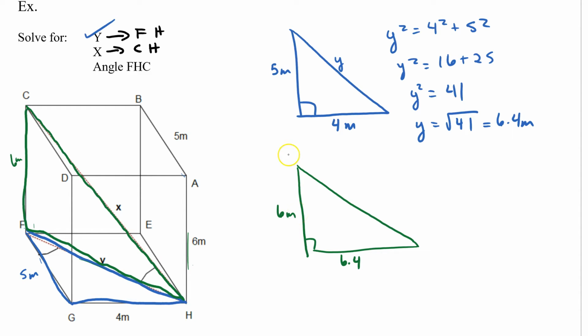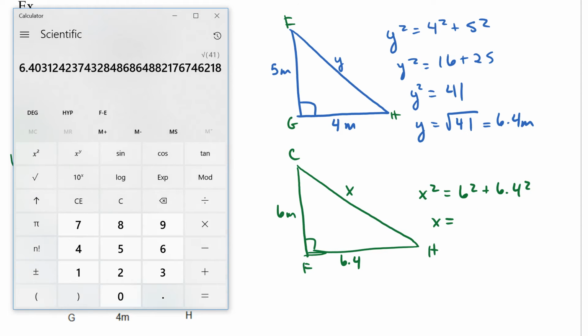It might be helpful if I write down the actual letters here. So if I go C, F, H, and I'm just going to go back and say that this is my G, this is my H, and this is my F. Okay, if that helps you visualize, I hope that's helpful. So again, we have two legs here, so we just need to use our Pythagorean theorem to figure it out. So x squared is 6 squared plus 6.4 squared. I'm just going to do it all in one step here.